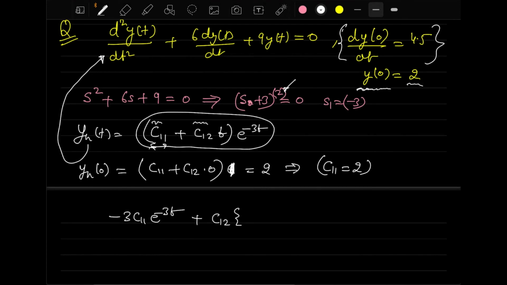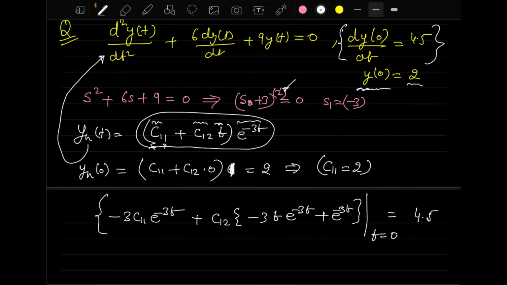So you will get minus 3t e to the power minus 3t plus e to the power minus 3t, because we have t into e to the power minus 3t multiplied together. You substitute t equal to 0 here and equate it to 4.5, because the initial condition says to put t equal to 0 in the derivative, and that will give you a value of 4.5.